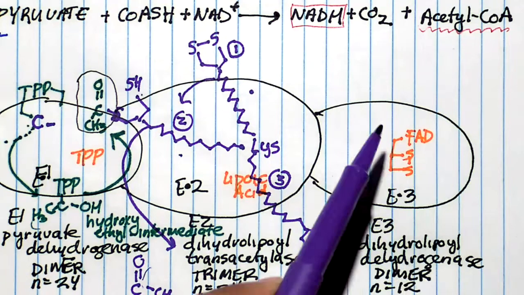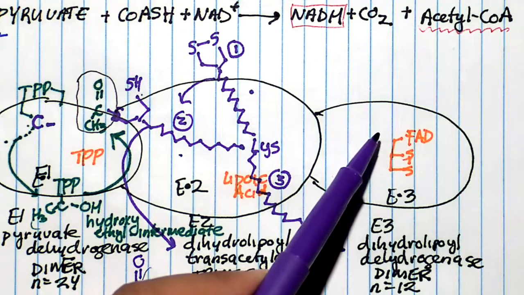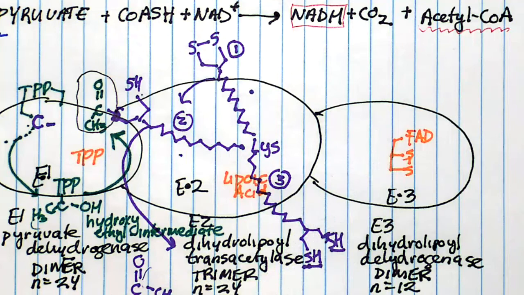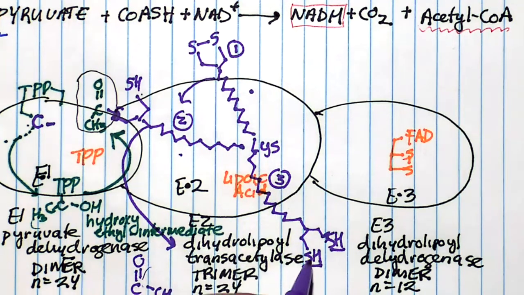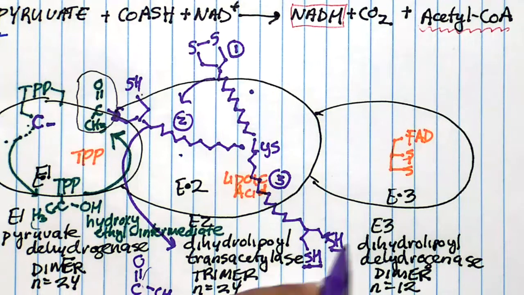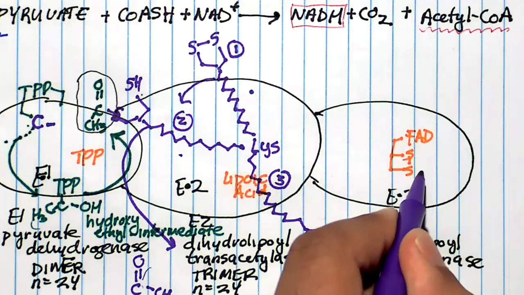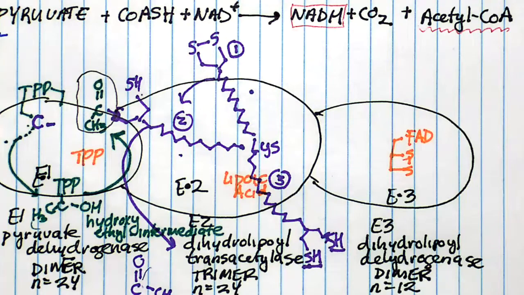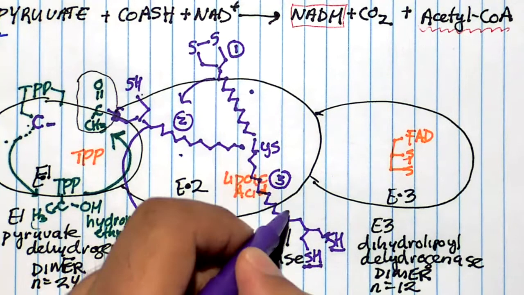So this enzyme actually has an FAD that is associated with 2 sulfhydryl groups. And so first of all, what happens is that these electrons are going to go and reduce the 2 sulfurs in E3. So you'll get 2 sulfhydryl groups.